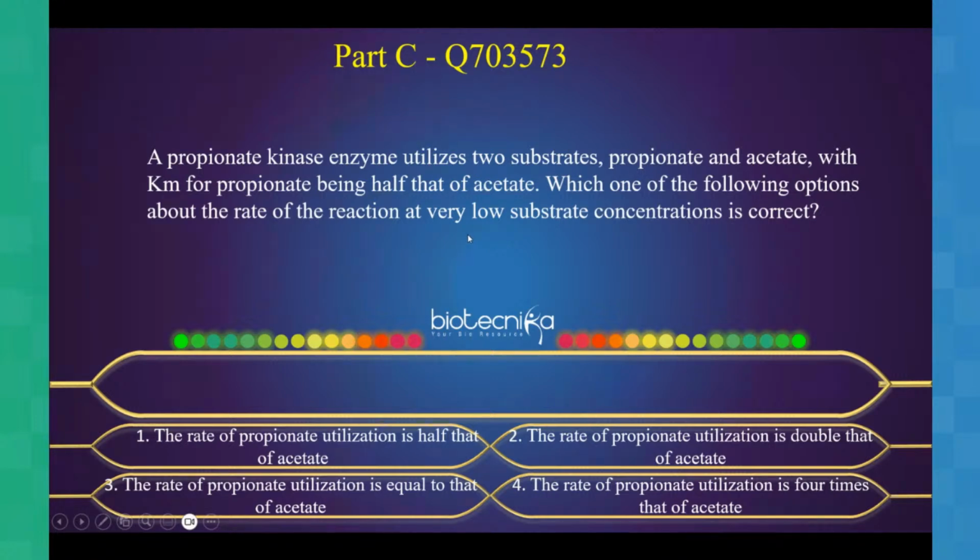It's about enzyme kinetics. Which of the following options about the rate of reaction at very low substrate concentration is correct? So how have you approached this particular question? Tell me. Anyone attended this question? No one?